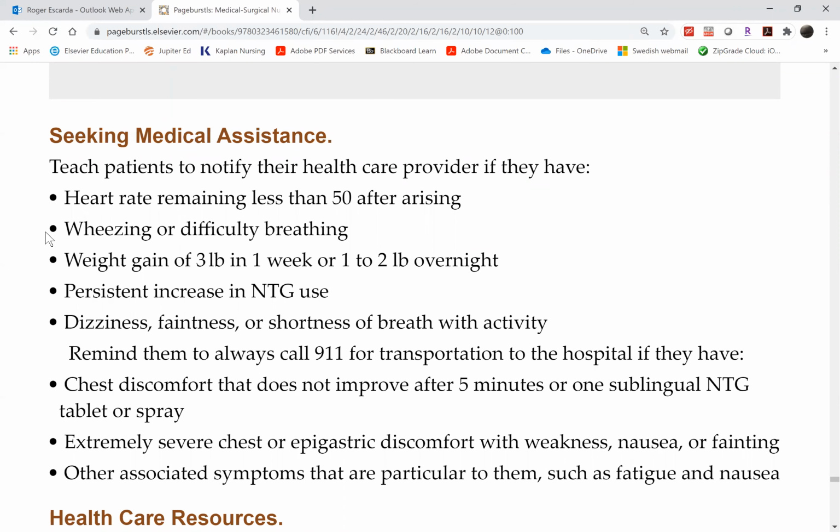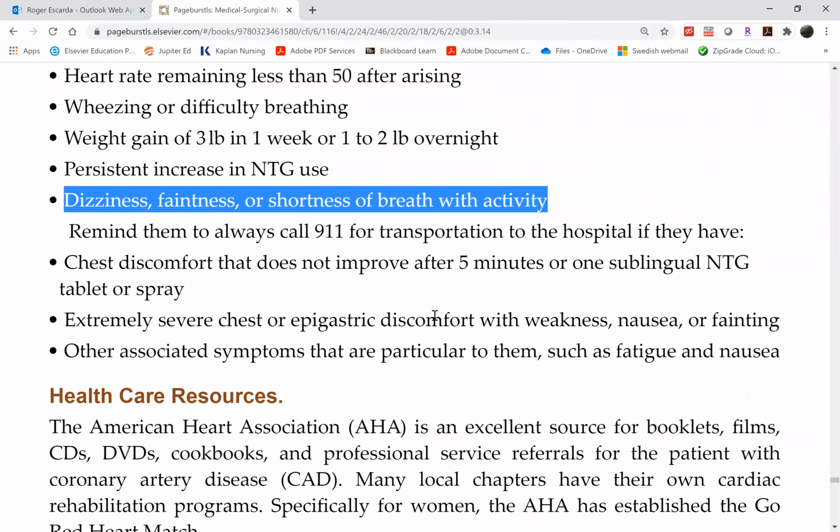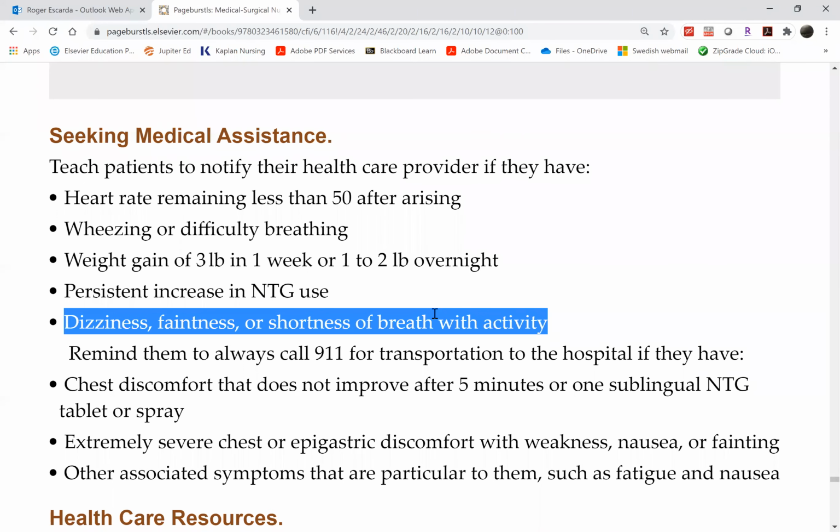They're just stated this way. Let's say, for example, this one. Of course, this one means decrease in activity tolerance, because now with activity they have symptoms, right? So it's the same thing, just stated differently. Because remember, these patients do develop heart failure with the ventricular remodeling. And that's it.